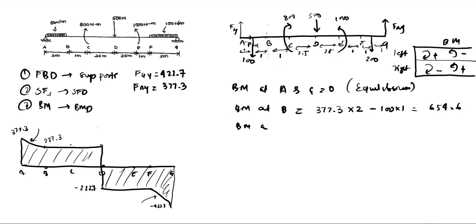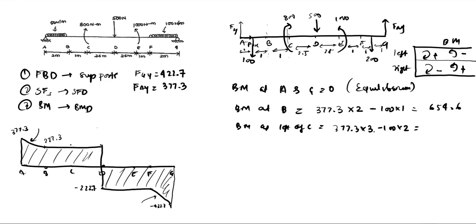We also have bending moment at left of C. So left of C, if you draw a certain cross section here, you can again consider forces on the left, which will be nothing but 377.3 into the total distance, which is 3 now, minus 100 into the distance, which is 2.